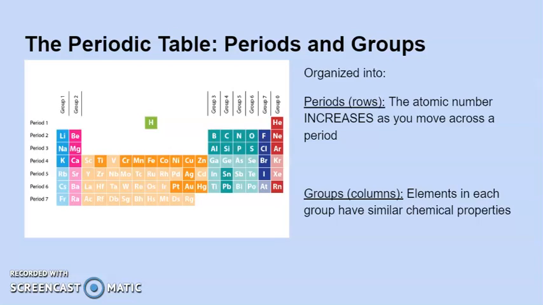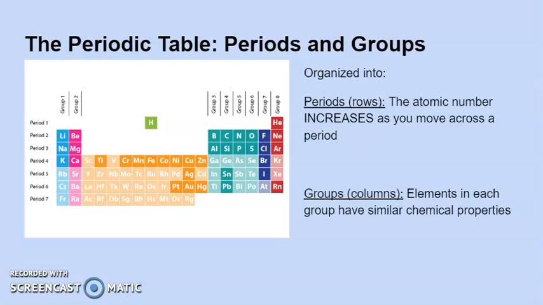So for the periods, or rows, the pattern that you can see is that the atomic number, aka the number of protons an element has, increases as you move across the period. If you go from hydrogen, which is 1, to helium, which is 2, and then read it as you would read a book, going from left to right and then moving down a line, the atomic number increases.